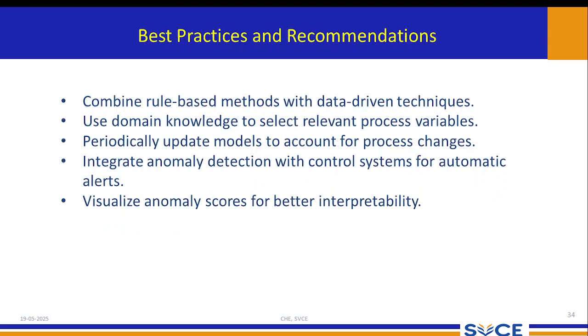So best practices and recommendations: combine rule-based methods with data-driven techniques, use domain knowledge to select the relevant process variables, periodically update the models to account for process changes, integrate anomaly detection with the control system for automatic alerts, and visualize the anomaly scores for better interpretability.